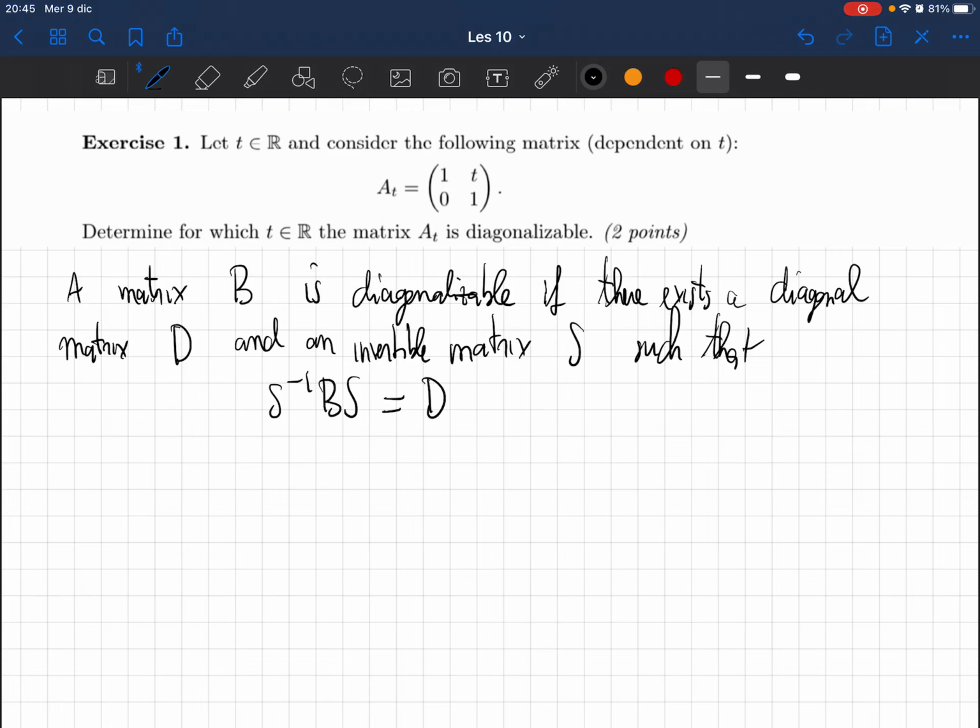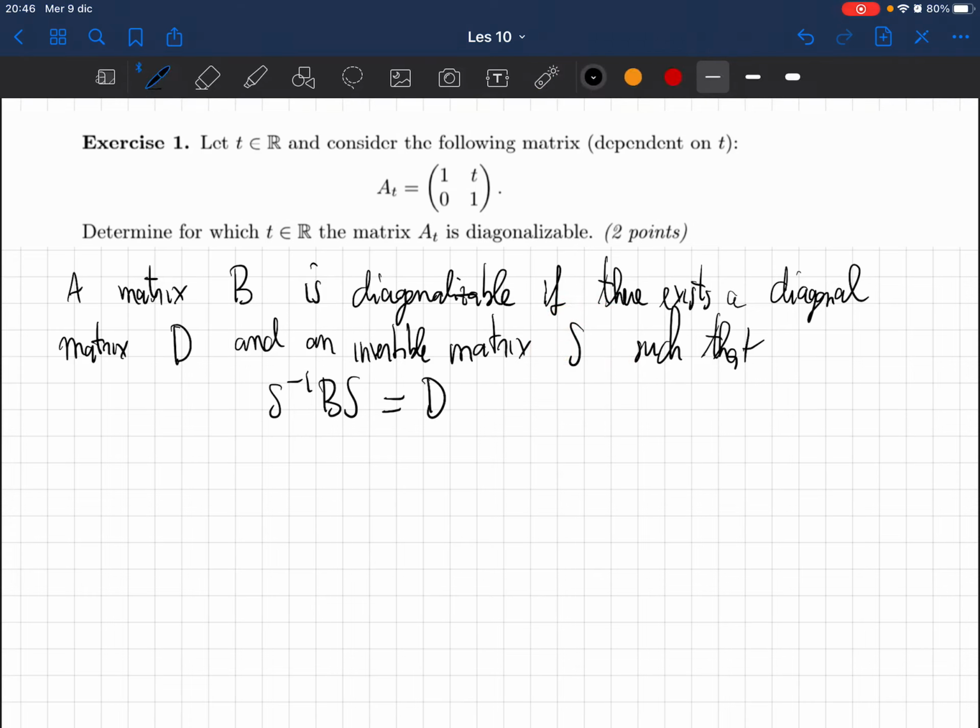Okay, so how do you try to diagonalize a matrix? You do this, as you probably already know, by looking at eigenvalues and then eigenspaces, and if we are lucky, we can find a basis of eigenvectors, and this basis will form the columns of this invertible matrix S. So let's try in this case.